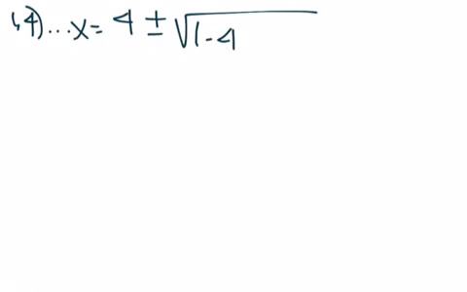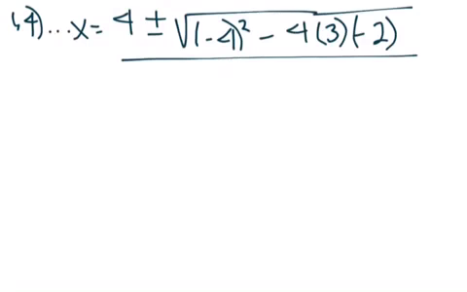Unfortunately, I didn't get to finish number 64, so if you'll go back to 64 from part 2, we left off with x equals 4 plus or minus the square root of negative 4 squared minus 4 times 3 times negative 2, all over 2 times 3.